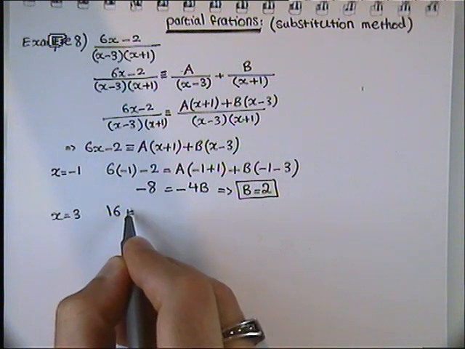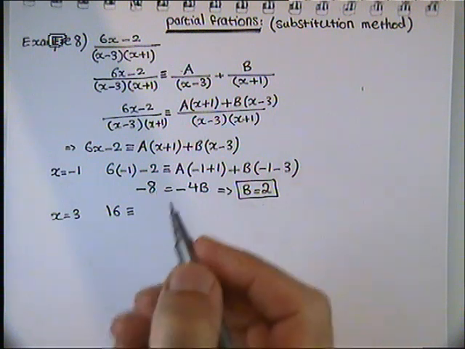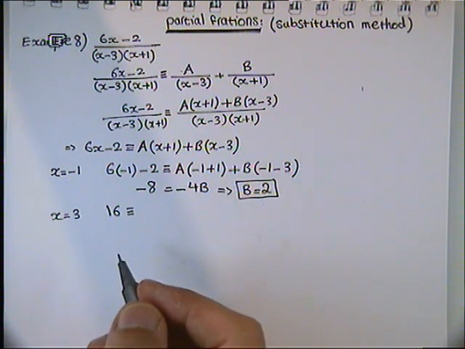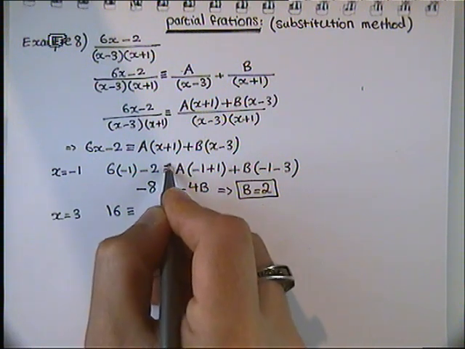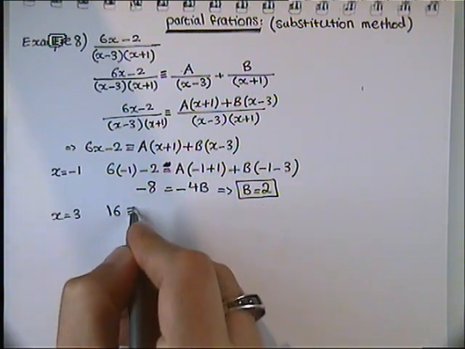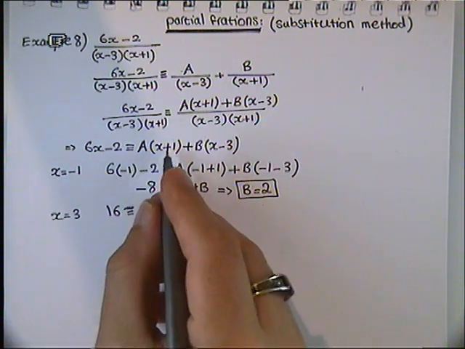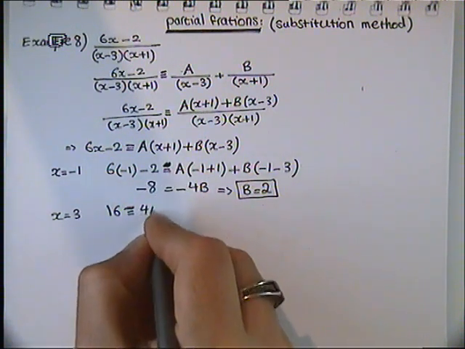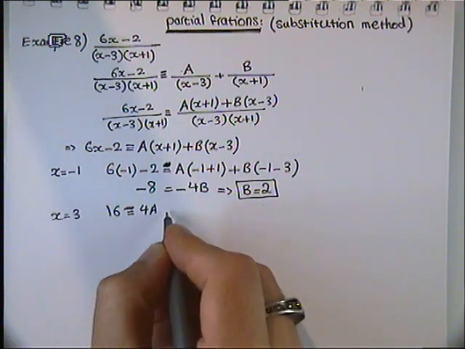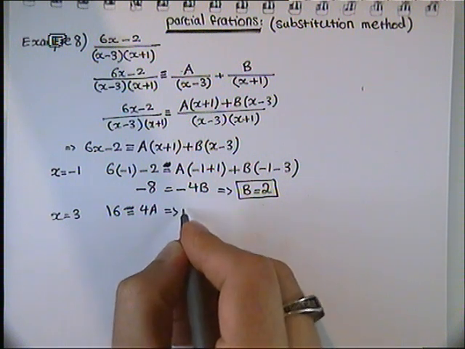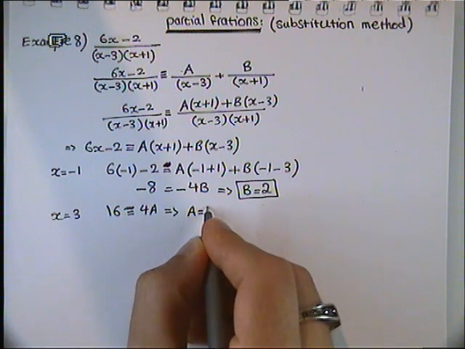This equals 4A, since 3 + 1 is 4, plus 0 because 3 - 3 is 0. So 4A is equal to 16. Therefore, A is equal to 4.